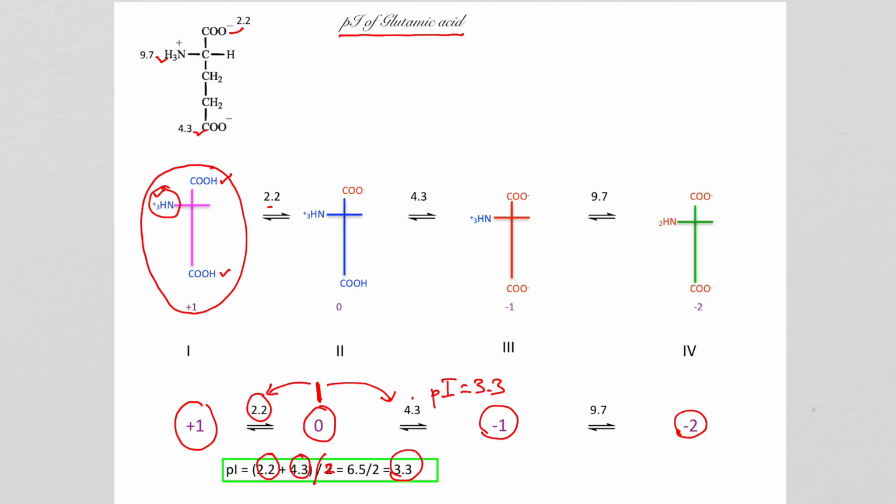This means at pH 3.3, 100% of all glutamic acid molecules will exist as structure number 2, where the net charge is 0.